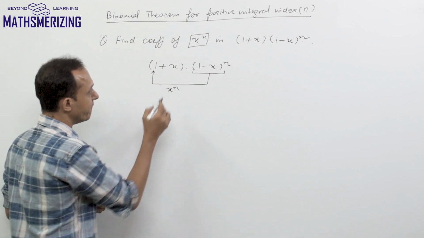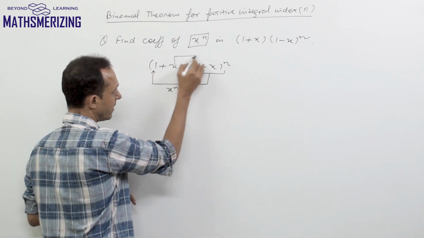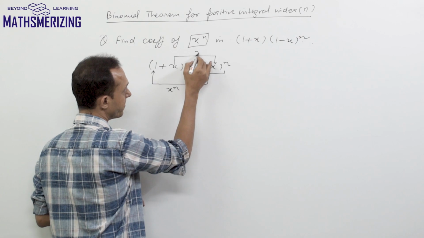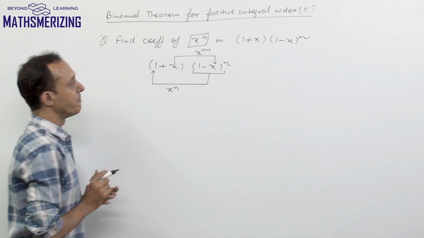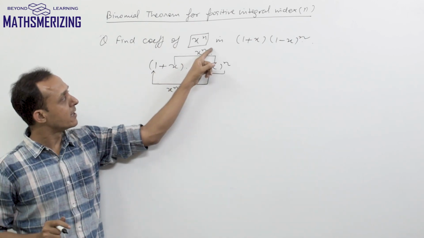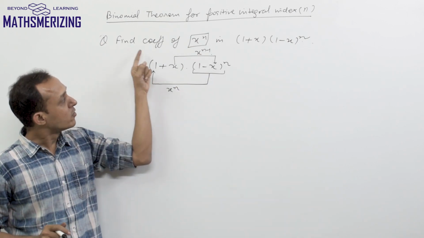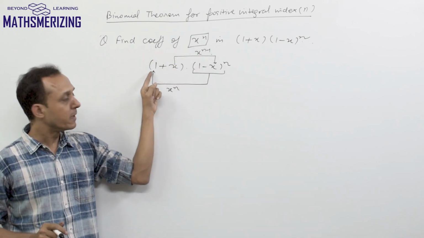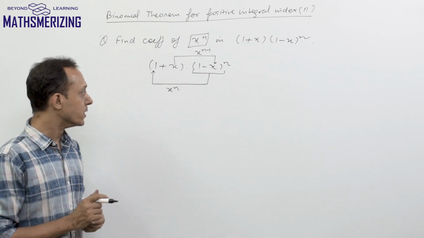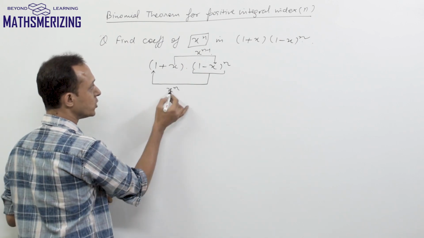And also, when this x gets multiplied with x to the power n minus 1, x into x to the power n minus 1 again will be x to the power n. So there are two ways in which I can get the coefficient of x to the power n from the given series. All I need to do is find these two coefficients.